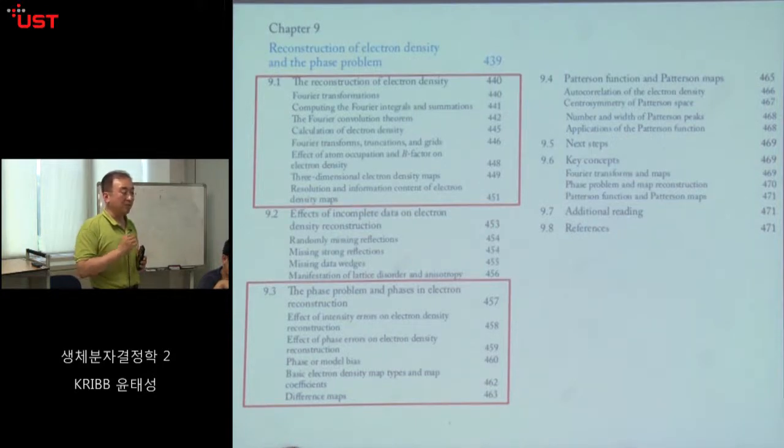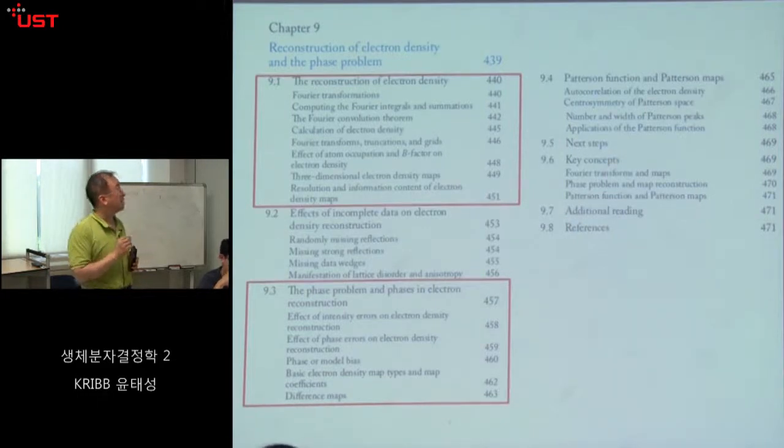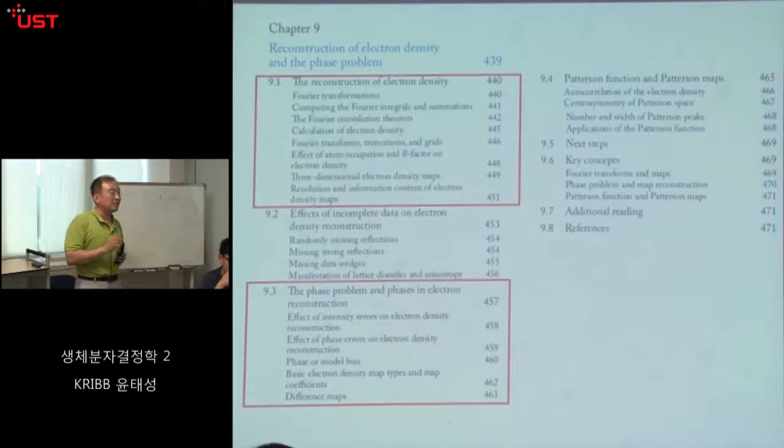That is possible because we have techniques or technology to overcome noise in data transfer. That is a key concept in signal processing, and that is the same concept in crystallography actually.